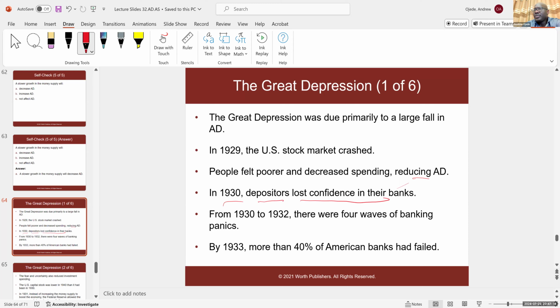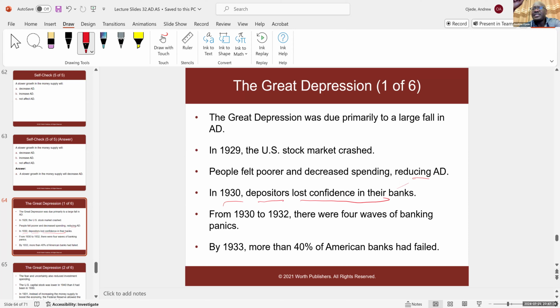FDR signed the FDIC into law. So before 1934, because the Great Depression happened from 1929 to 1933, if your bank were to fail or go bankrupt, you lose all your money because your deposits were not insured.